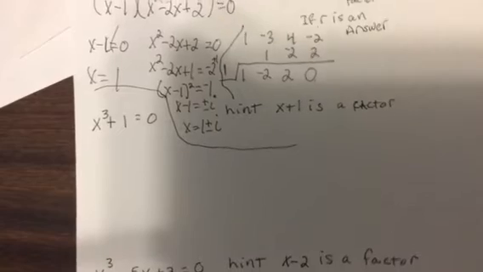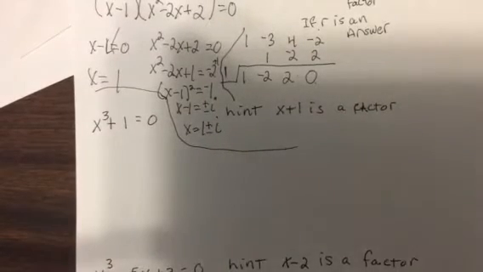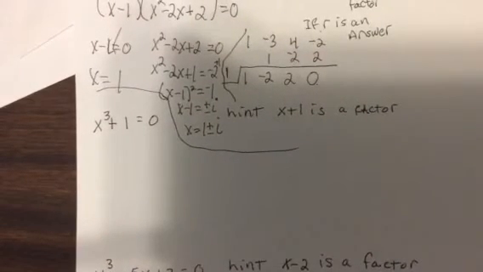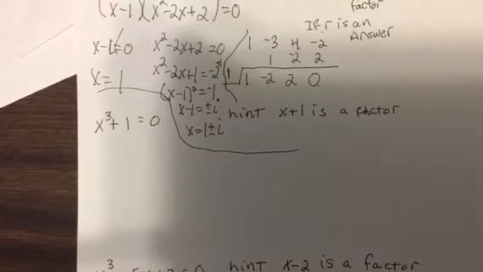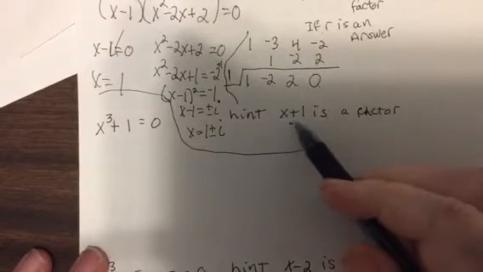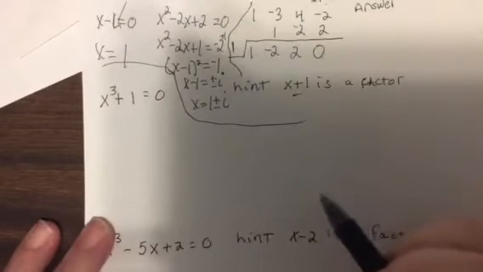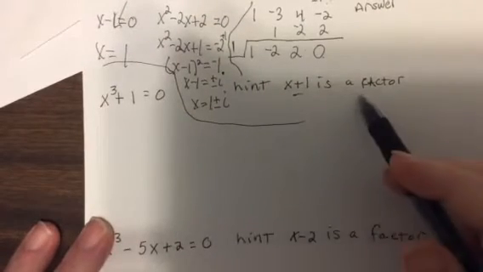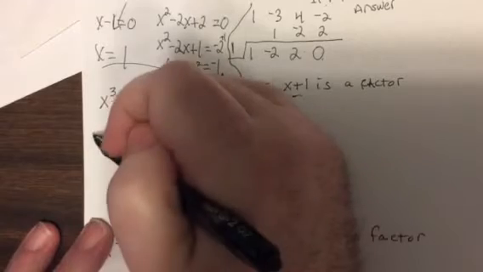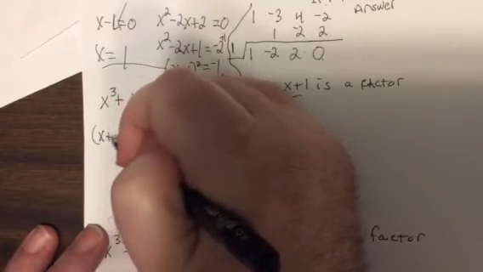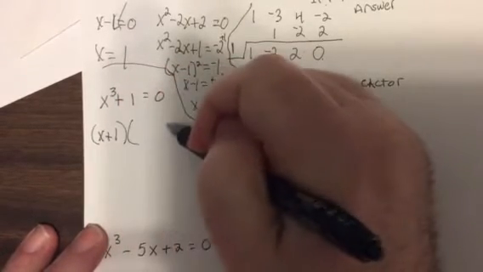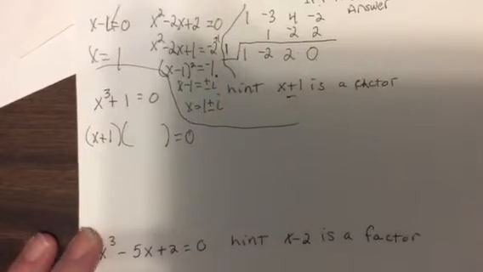Now this one you should know how to do, to be honest, because you should know how to factor a sum of cubes. But let's say, oh no, I have forgotten how to factor. Well, here it says x plus 1 is a hint. You're given that it is a factor. So I know this breaks up to x plus 1 times something equals 0.